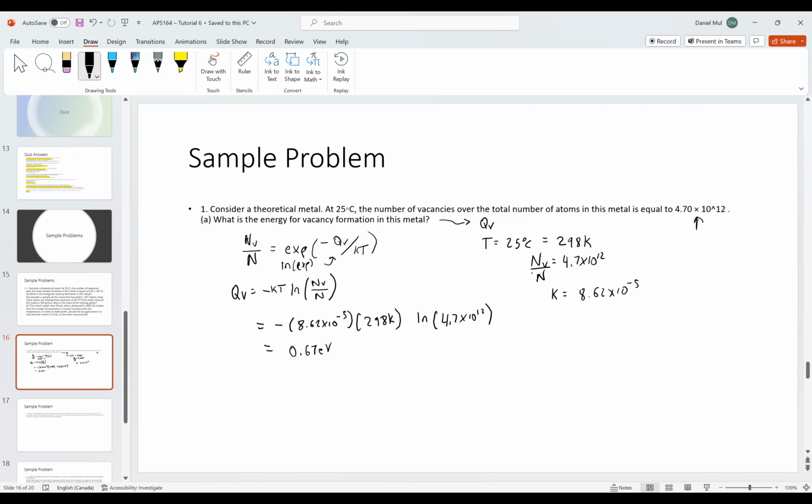And I'm guessing the units for this are some sort of eV. So I'll just... joules per Kelvin.